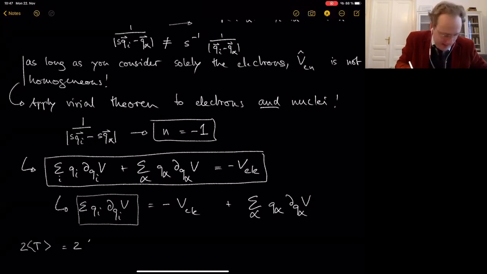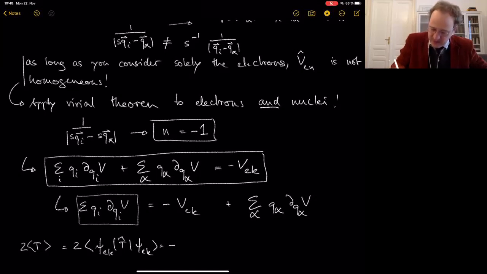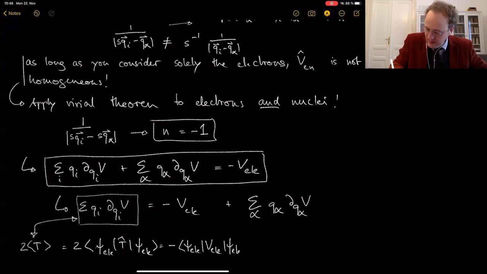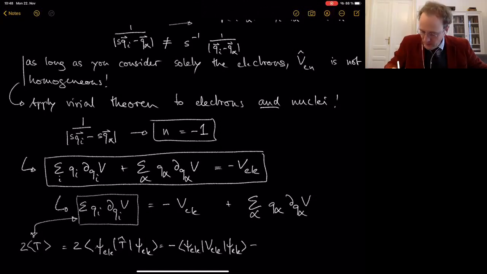So this is 2 times psi Euler, T, psi Euler, just written out. And now I can write this to be the same as the expectation value V Euler. And now I have to take the expectation value of the sum up here.